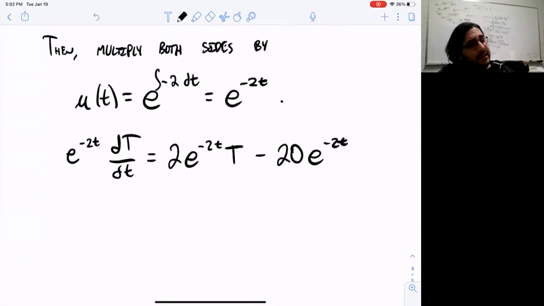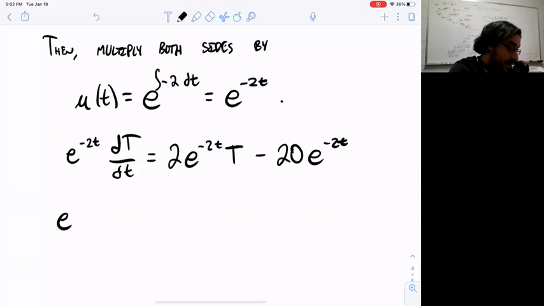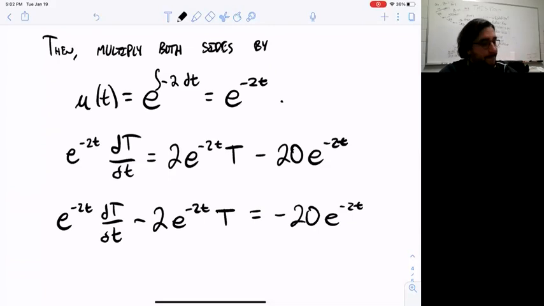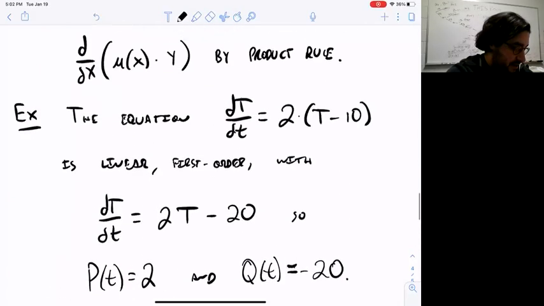And now I promised that the left-hand side would clean up with the product rule. Right? And it does once you give it this other piece. So subtract the T term over to the other side. The q term will stay on the right-hand side, but the term with p, subtract that over to the left-hand side.